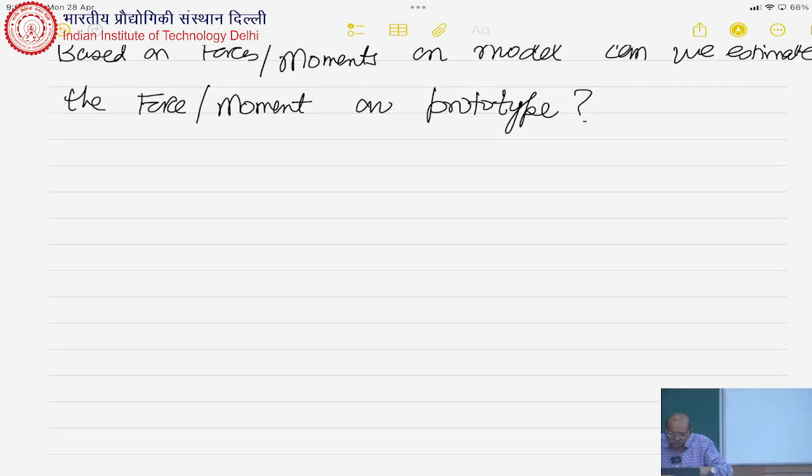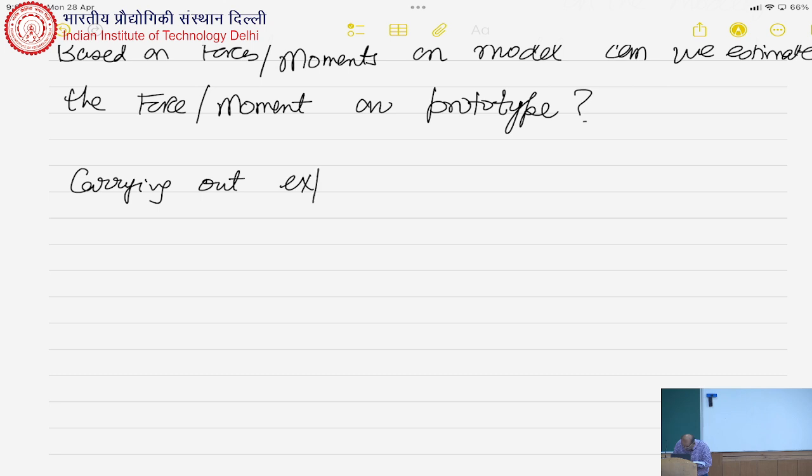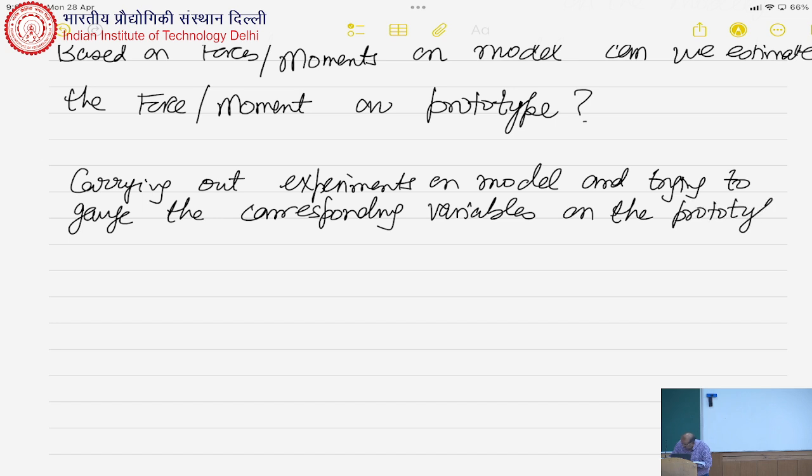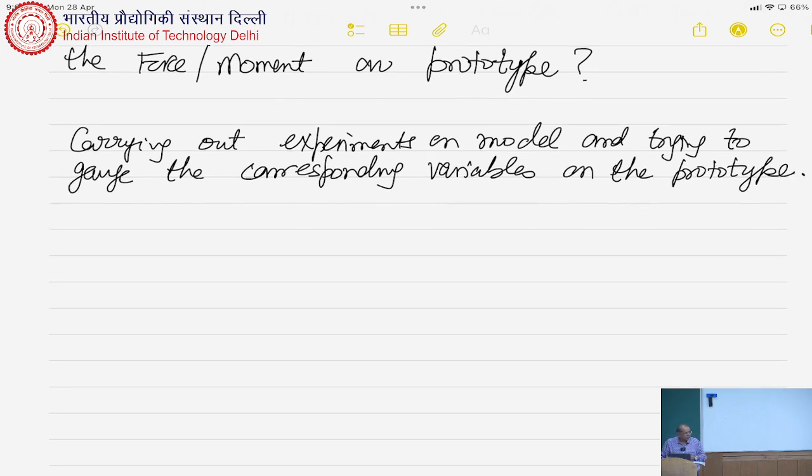So what we are doing here is carrying out experiments on the model, and we are trying to gauge the corresponding variables on the prototype.